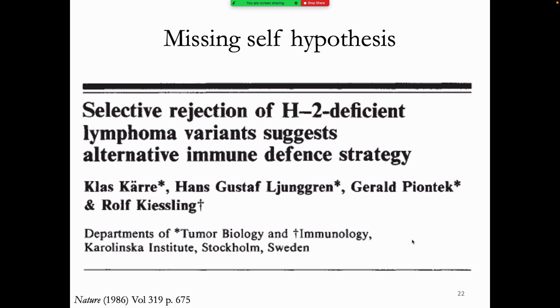And one of the things that they did is they made some mutations in their tumor cells. They took their tumor cells and made some changes to them. They made a specific mutation on these tumor cells that we now know.